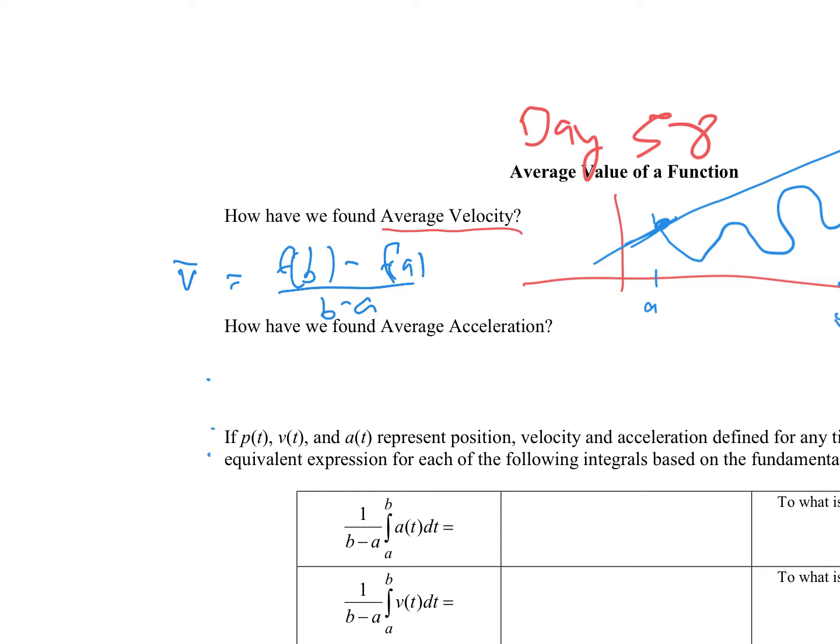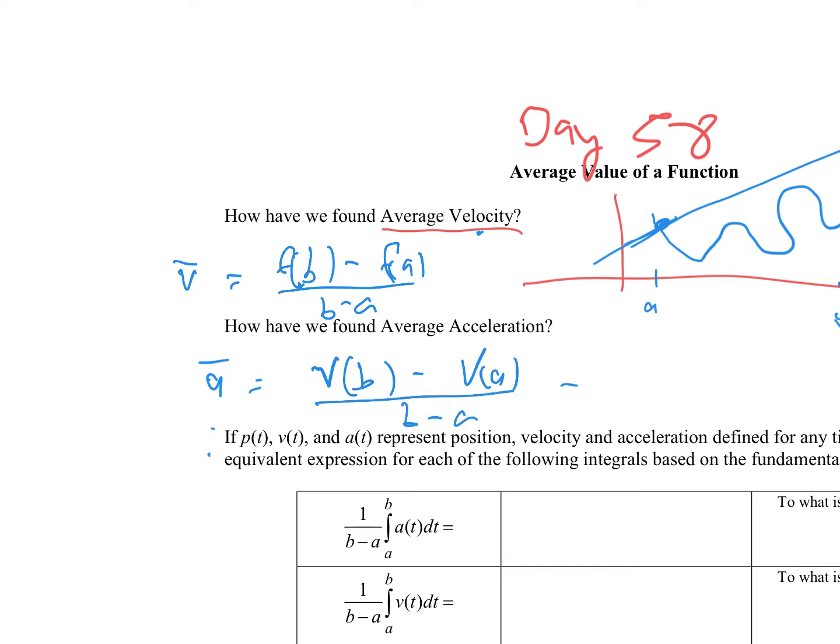What would have been average acceleration? Well, for velocity, we use the position. I call it f, I call it s, whatever I want. So average acceleration would have been your velocity of b minus velocity of a over b minus a.